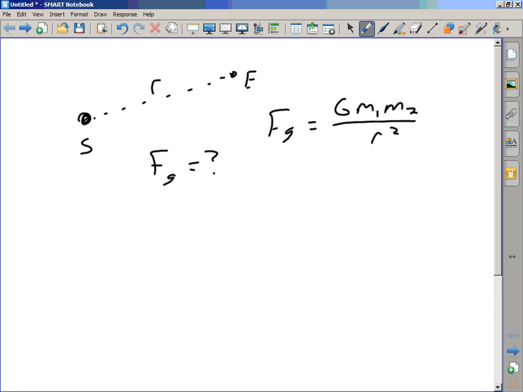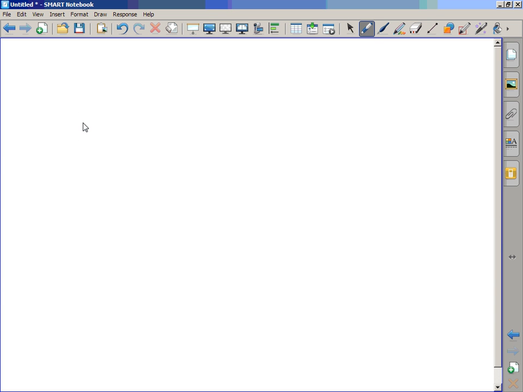Before I get to those type of problems, though, let me set up another type of problem for you. I'm just going to use some random masses, and we're going to calculate forces here. So let's say I've got a planet here, planet X, with a mass of, I don't know, 2.4 times 10 to the 21st kilograms.